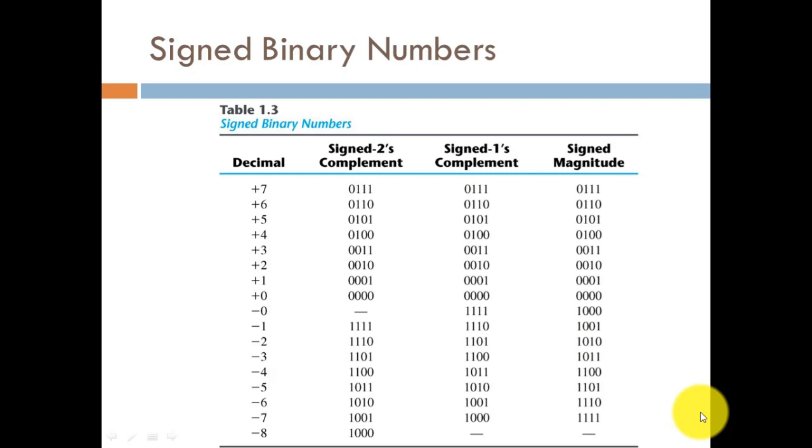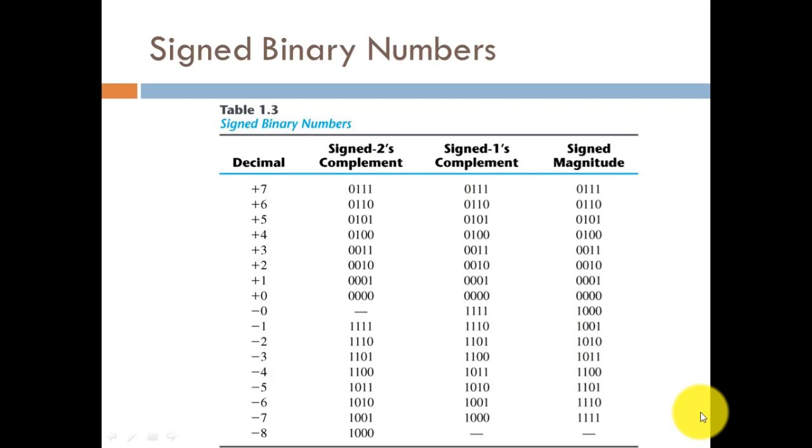Here one thing may be confusing: what do we mean by plus 0 and minus 0? It is a drawback of the signed binary number system. There is no significance in signifying 0 plus or 0 minus. 0 is just a 0 number. It doesn't contain any value, that is, we cannot say whether we are talking about plus 0 or minus 0. 0 is neutral. In a similar manner, we have the 1's complement of this sign magnitude.